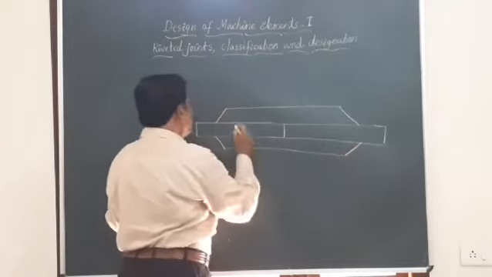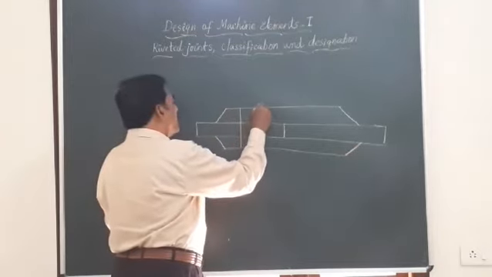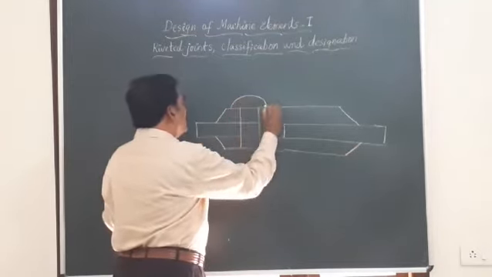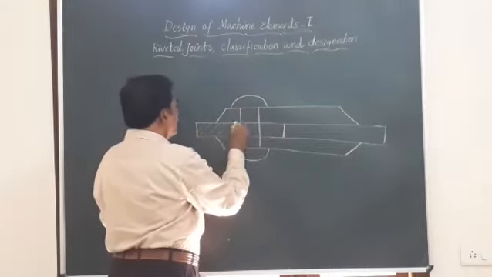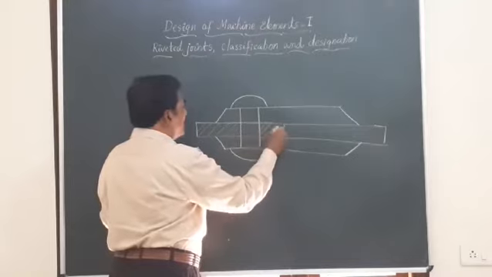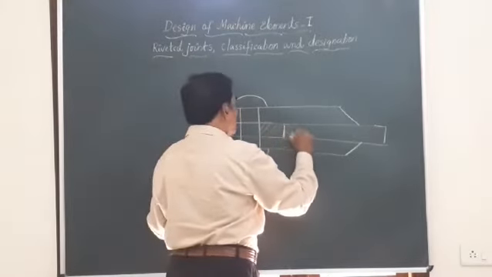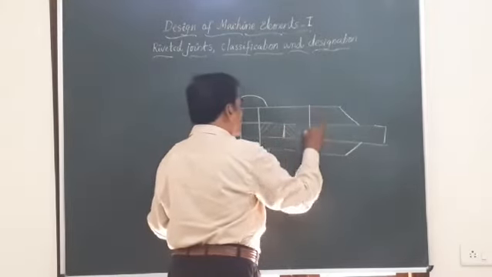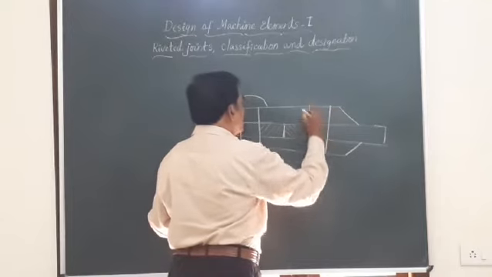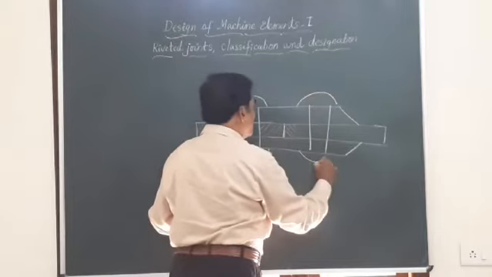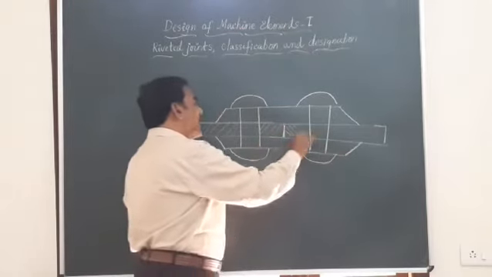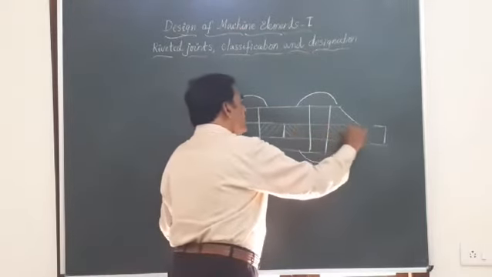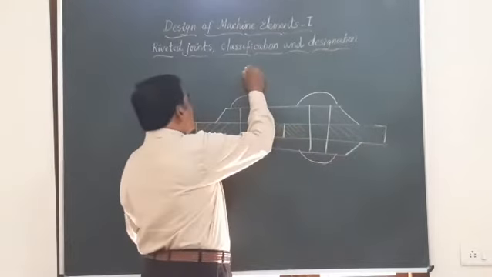Friends, you can see, suppose I make only one row of rivets here. This is one row on this plate, which is shown by hatched lines like this, and similarly the other plate is here. Suppose you have one more rivet here. Friends, you can see that this joint has one row of rivets on each plate.